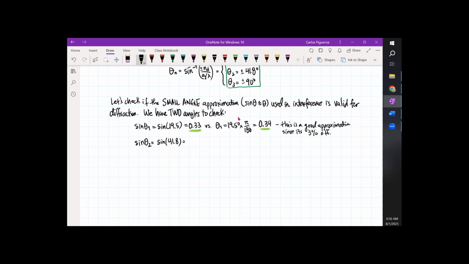If you compute that, that is 0.67, versus theta 2, which is 41.8, and again I have to do the conversion. And I'm getting 0.73.